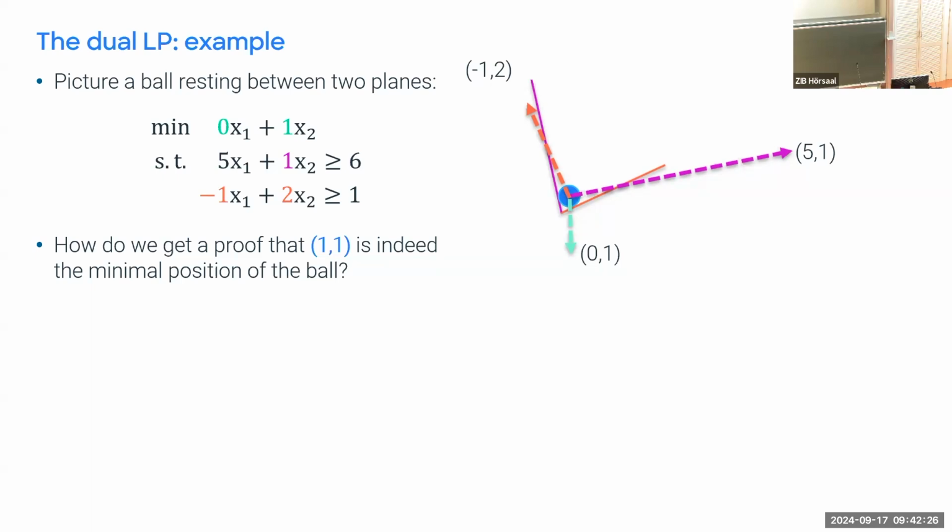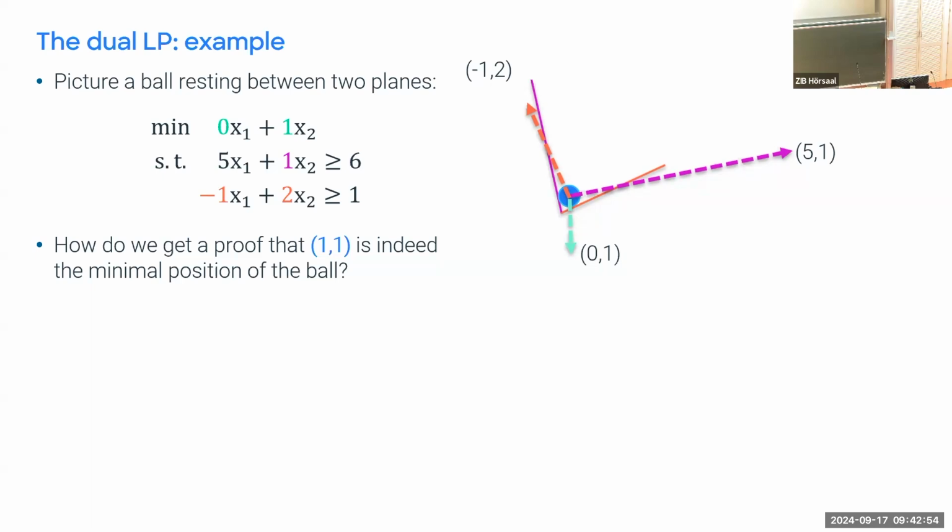We want the ball to remain greater than or equal to 6 to the right of this plane. And for the orange one, we have -x1 plus 2x2 greater than or equal to 1. If you want to compute the position of the ball, that's easy. You set this to equality, and then you get the position 1, 1 if you just solve this 2x2 system.